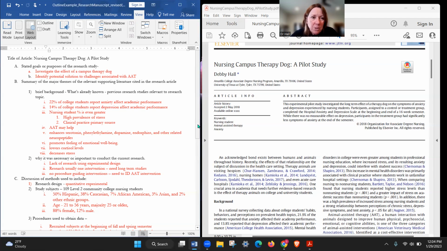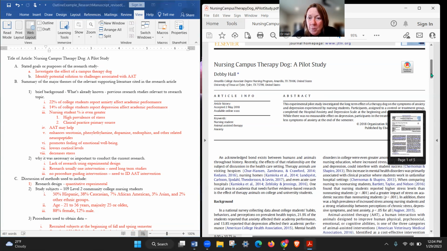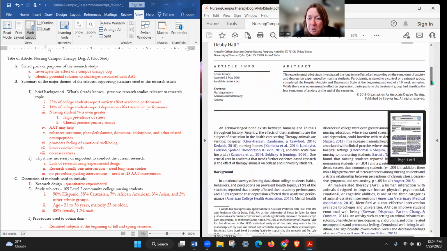So when you look at your research study, the first thing on your outline is the goals or purpose of the research study. A lot of research articles have it in the abstract at the end. This particular research study just has a short abstract that gives a brief story about what the research is about.